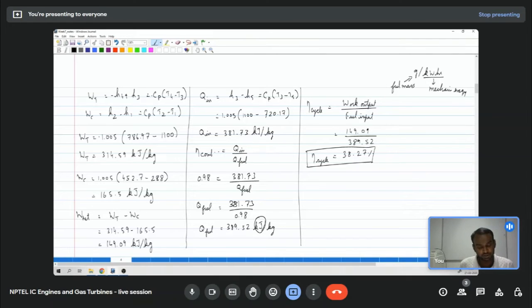Using the combustion efficiency of 98%, we computed the actual fuel energy that has to go in, which is 389.52 kilojoule per kg. And the cycle efficiency can now be calculated because we have the work output and the fuel input, and it turned out to be 38.27%.